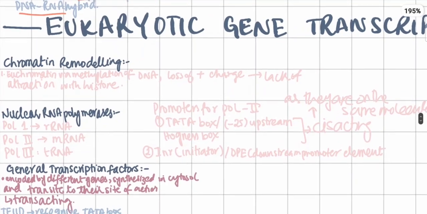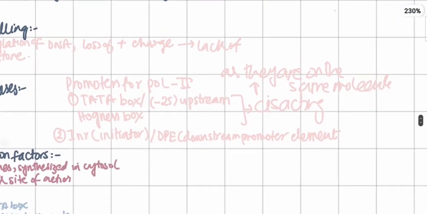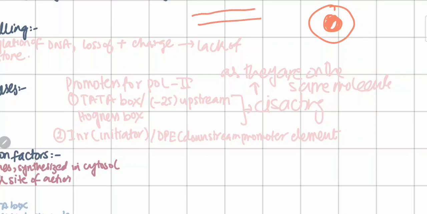So in chromatin remodeling, basically, this is your cell, right? This is your nucleus, and the chromatin is here. It is highly compact. In order for transcription, you need a long strand of DNA molecule, right?